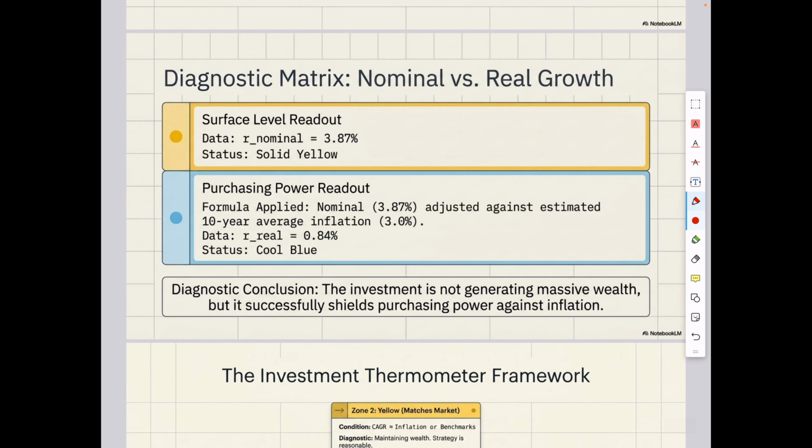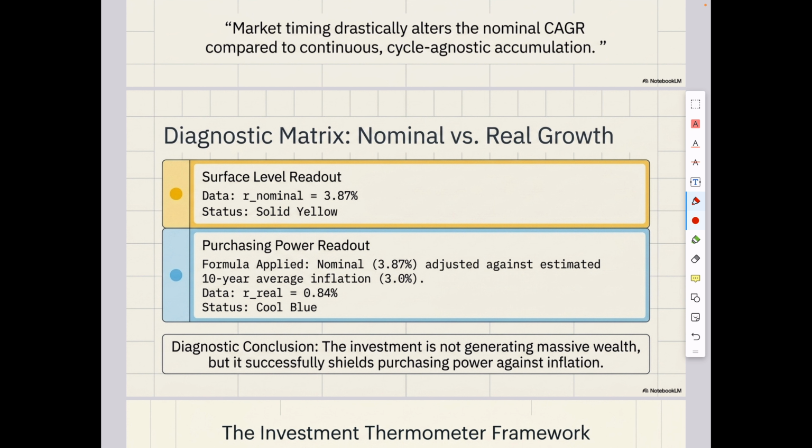But I want to look at my purchasing power readout, because if I adjust for inflation and take it as 3%, I get 0.84%. I am still growing my money and preserving my purchasing power, good enough for me. So that is what I want to share with you, the mathematical tool that I use as a thermometer for my investment health.